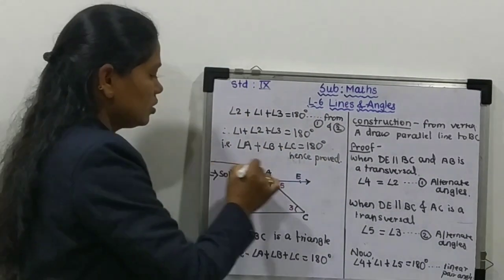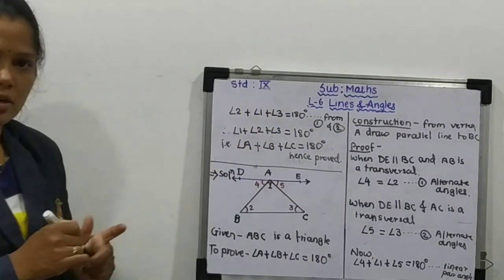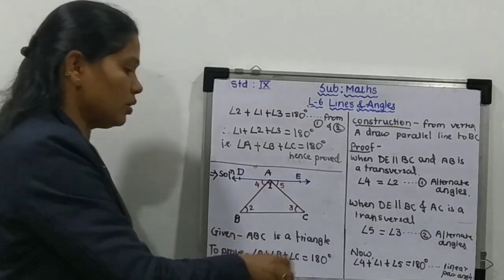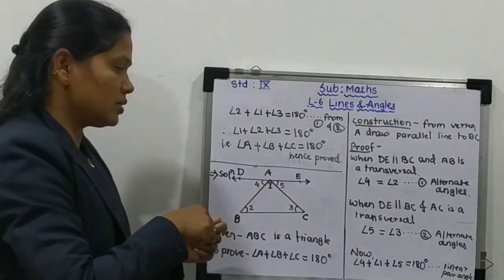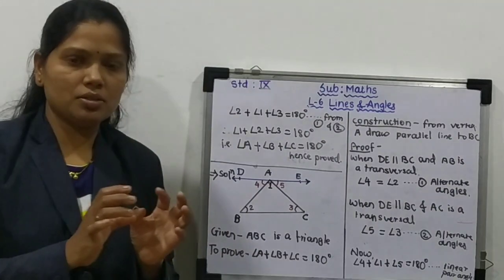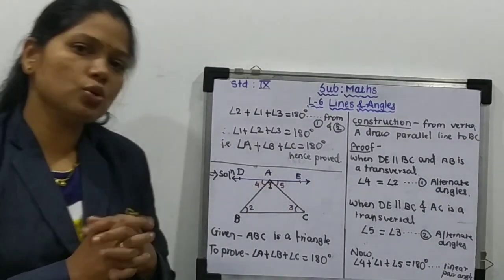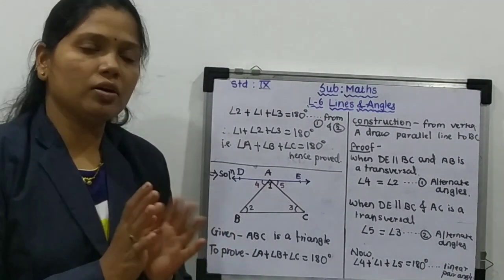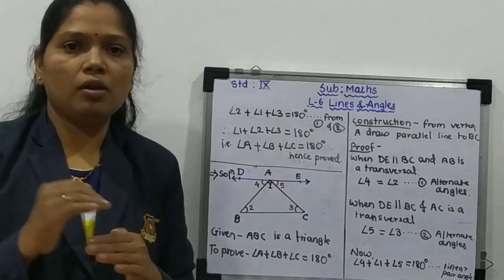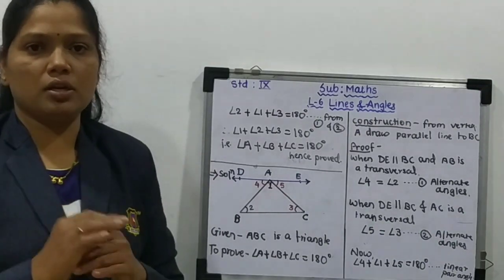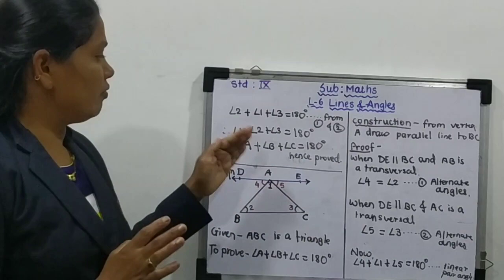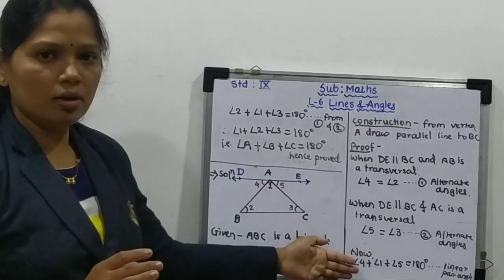Understood? The whole theorem. The theorem is easy. I repeat again that in the exam simply the statement is given: sum of the angles of a triangle is 180 degree. That statement you will get, and from that we are going to do the whole proof.